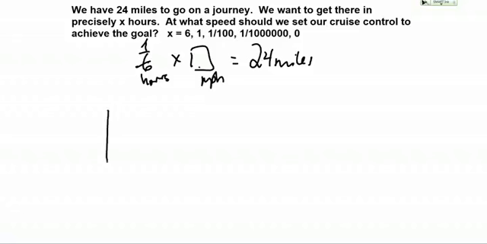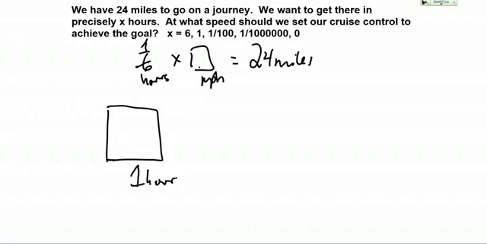Here we basically only have 1 container, and it's asking how many miles should go into that 1 container for that 1 hour. So the 24 miles will fill up 1 container. That means we have to go 24 miles in that 1 hour.